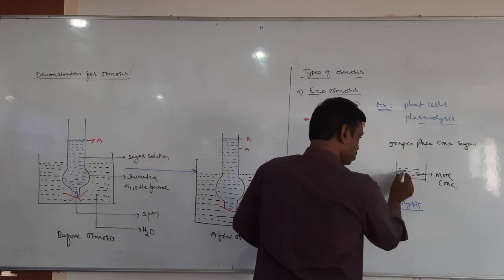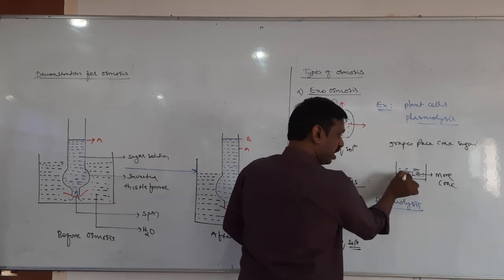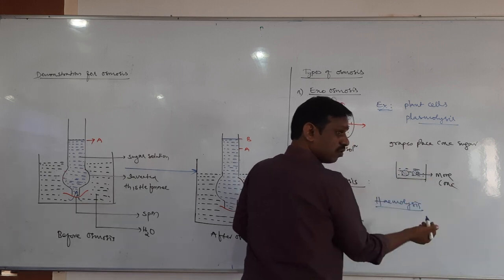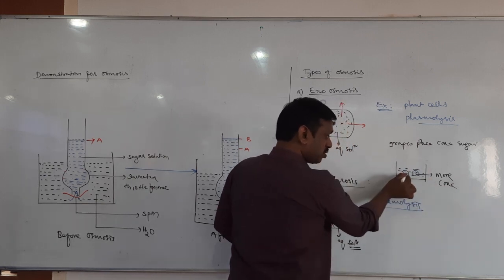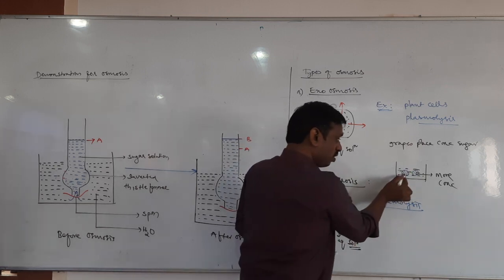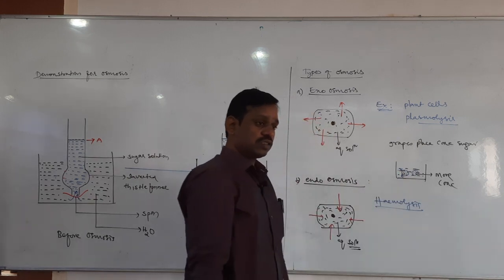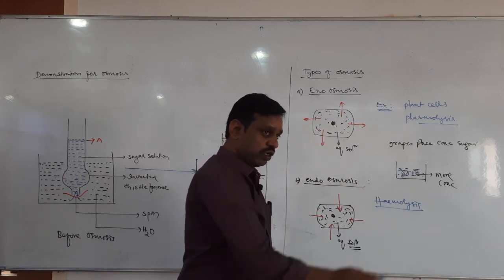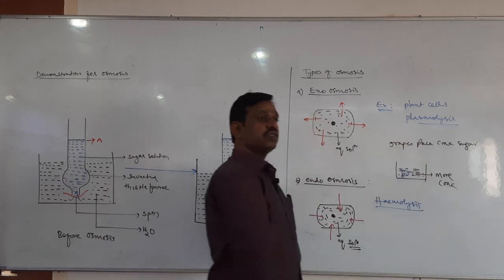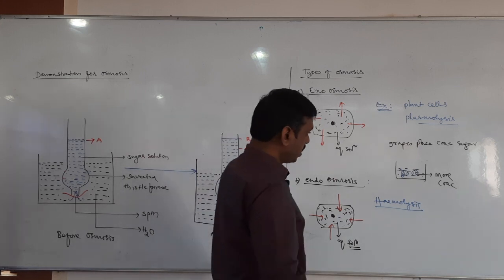Of course, grapes also have aqueous solution, but inside the grape the concentration is less, and outside is more. Therefore, there is a flow of water from the grapes to the outside. That is called exoosmosis. So when grapes are placed in concentrated sugar solution, they will shrink. Example for exoosmosis.